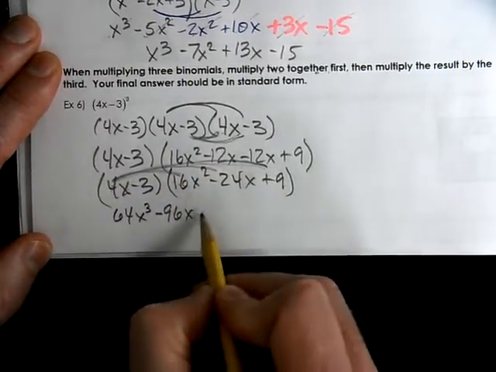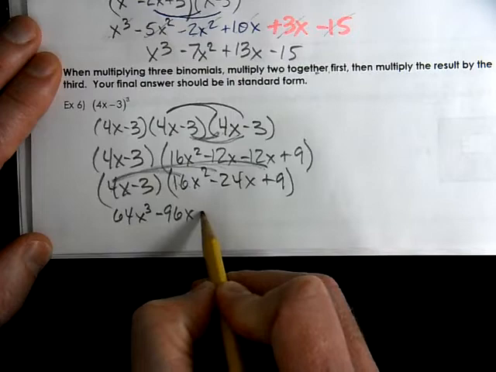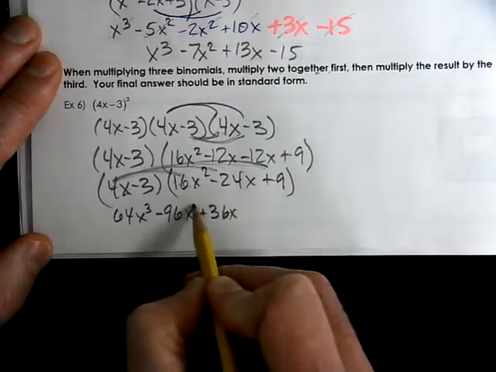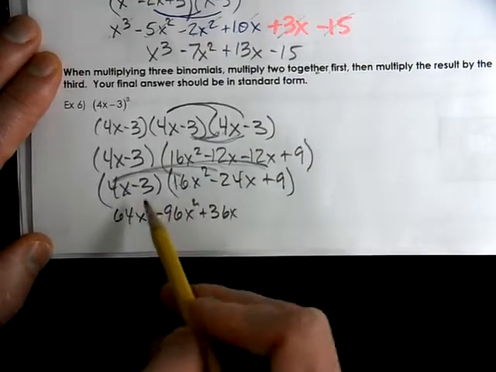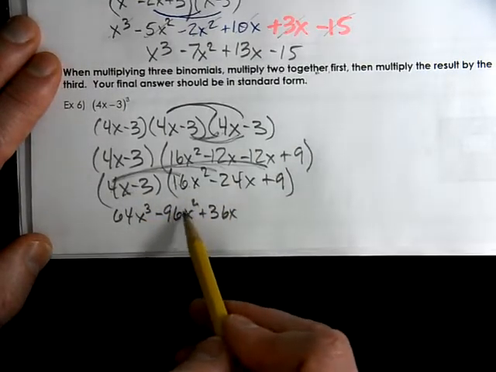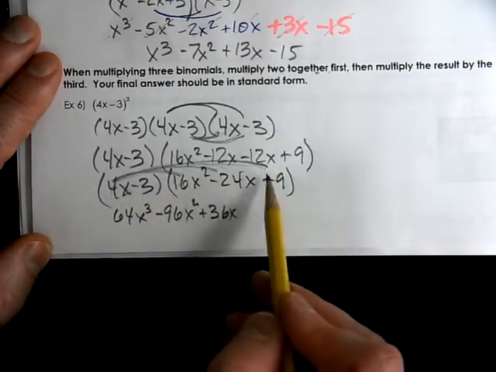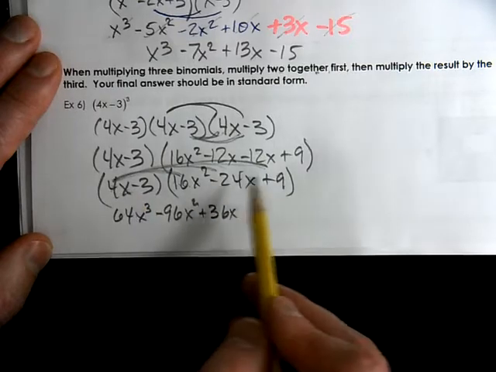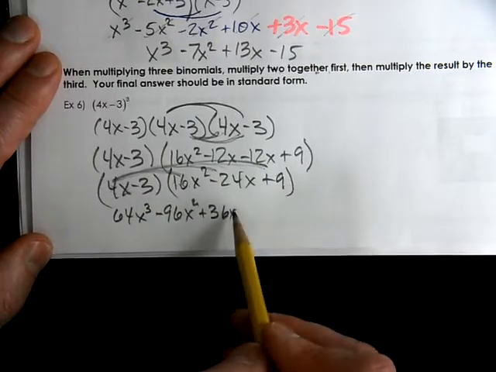And 4 times 9 is 36. That's going to be 96x squared, because when we multiply x's, you add the exponents. This one's going to be 36x. We have one x here, and we have no x's over there, so it's just x to the first power.